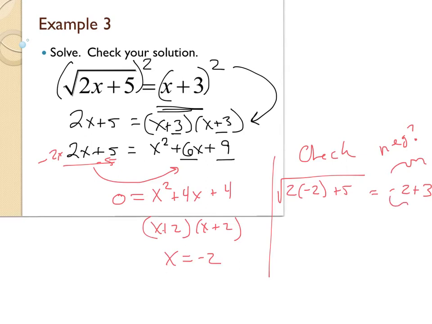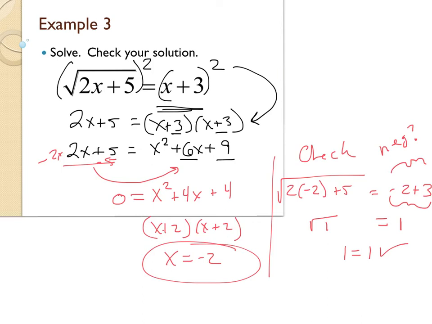Is this guy negative? No, it's not. It's positive. Okay, so that's good, because are we able to get a negative value out of a square root? No. So if that happened, it would be no solution. I check the other side, and I get 1 on the other side, and 1 is equal to 1. So this checks out. It's good. So x is equal to -2 is our solution.